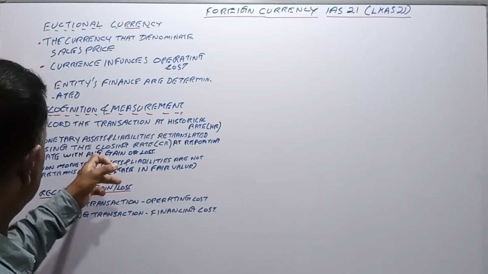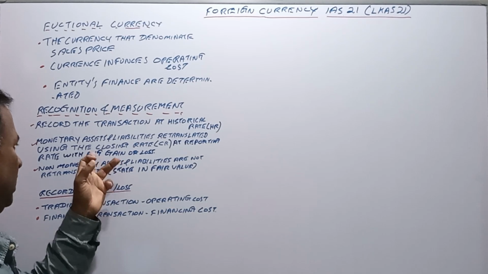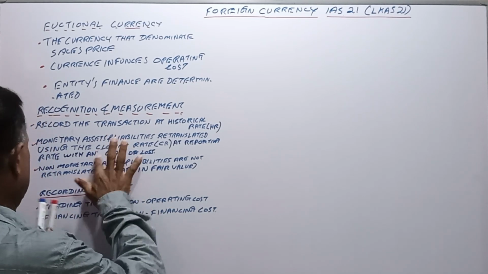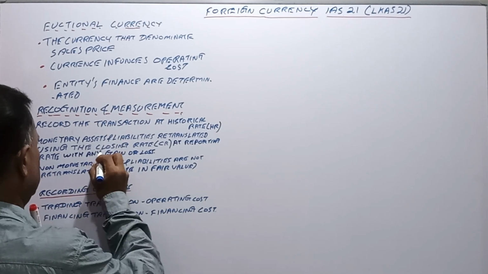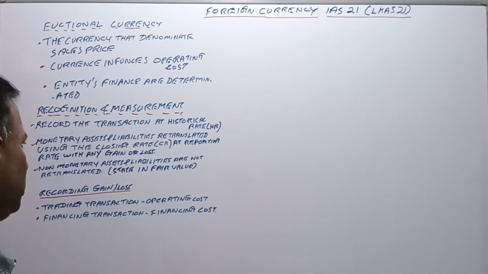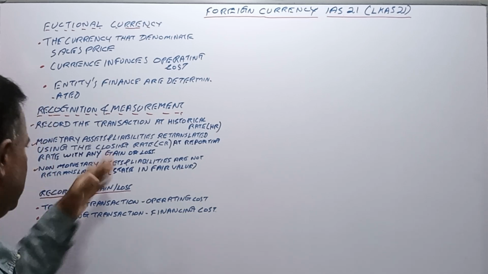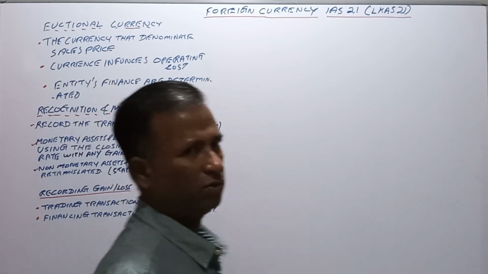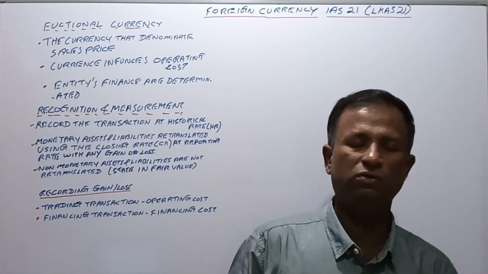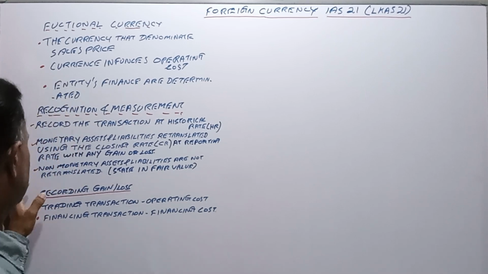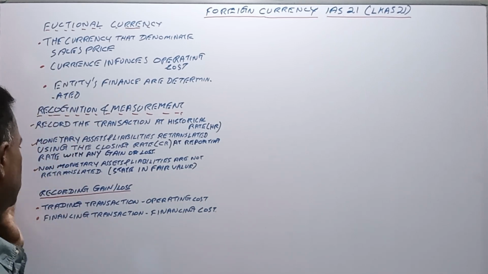With any gain or loss. Non-monetary assets and liabilities are stated at fair value and not retranslated, right?